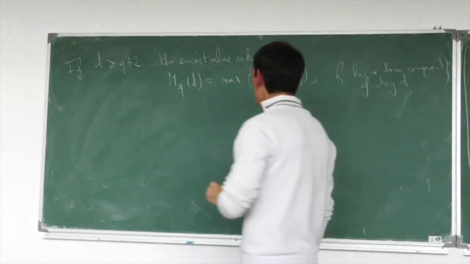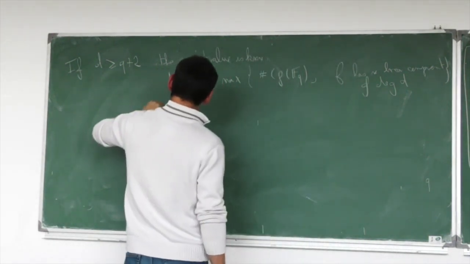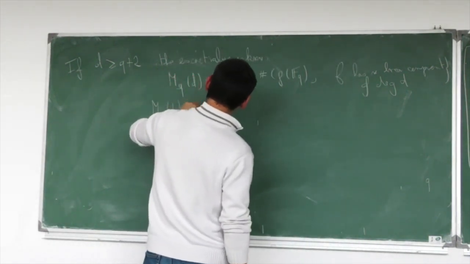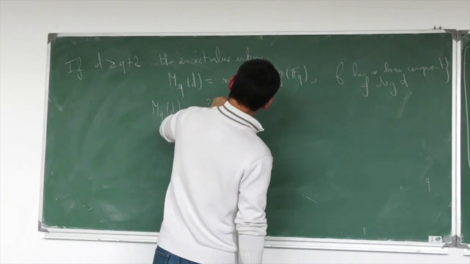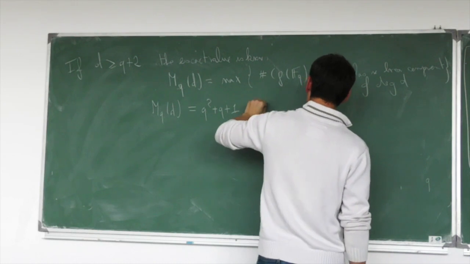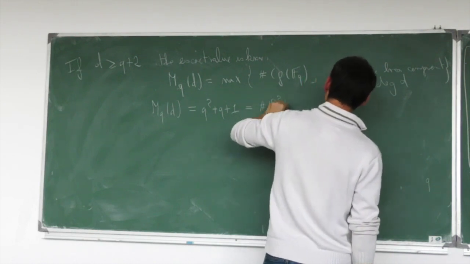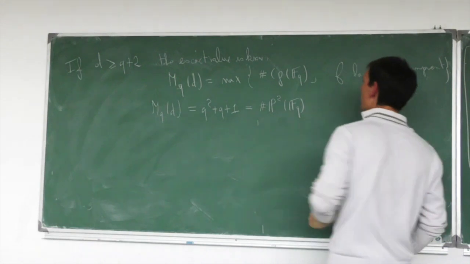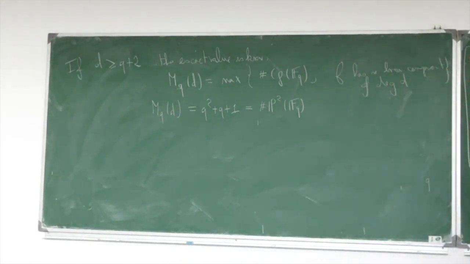And what I mean is that in that case, m_q(d) is equal to this value, and this is exactly the number of points on P2 of Fq. Sorry for that. Okay. So when d is big, one has a solution.